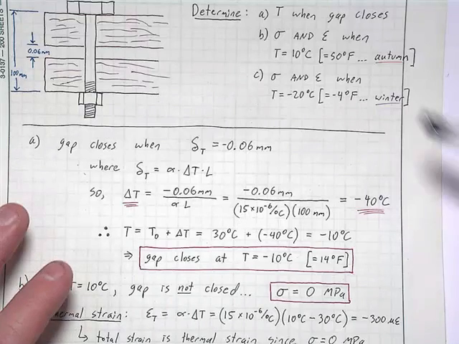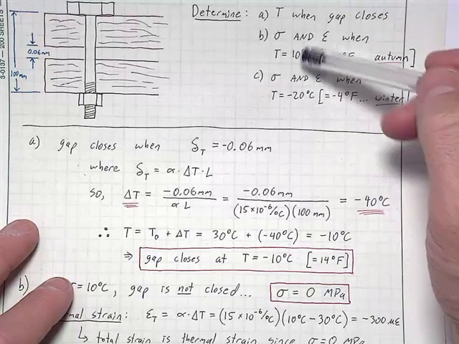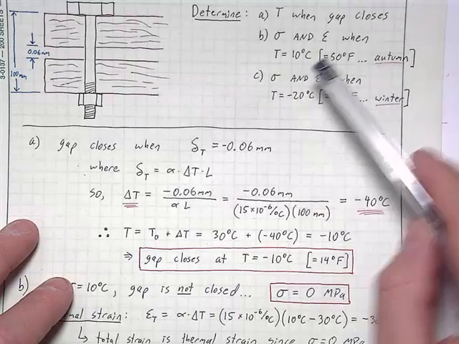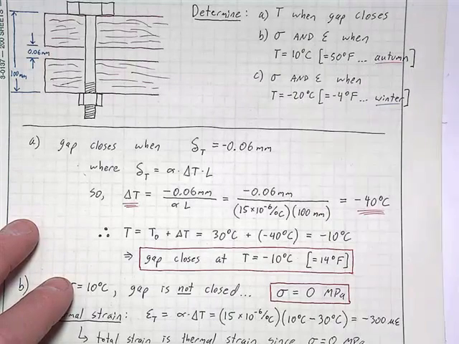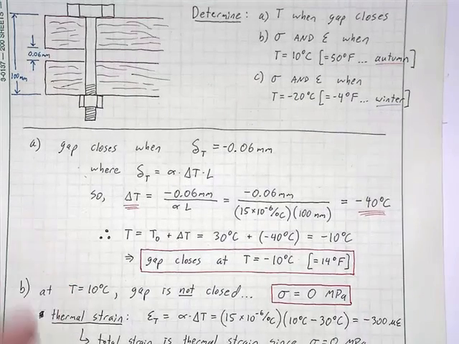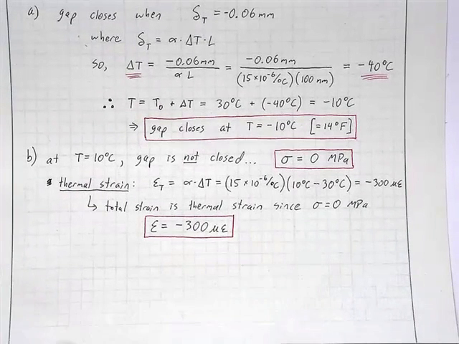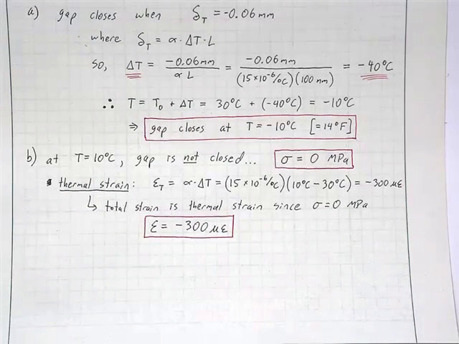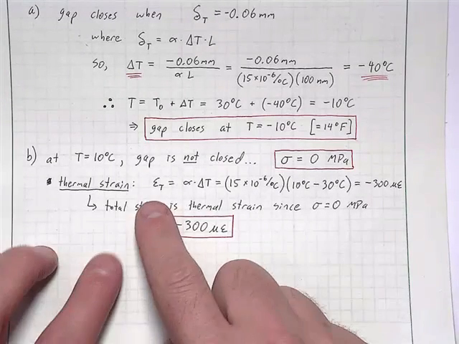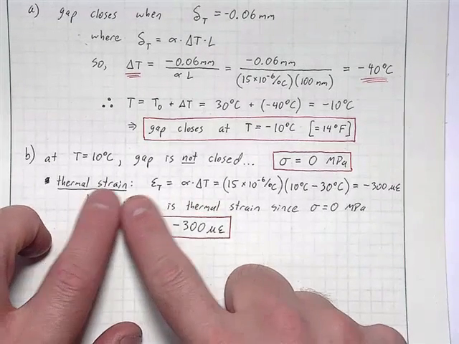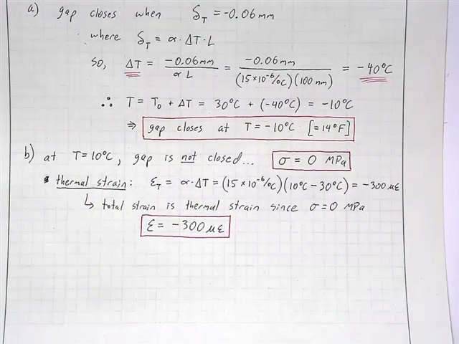Okay, so now you can see why I chose these two temperatures. In fall, the gap hasn't closed yet, and in winter, the gap has closed. So we have two qualitatively different systems here. So at a temperature of 10 degrees Celsius, the gap has not closed yet, so we'll have no stress. The total strain is going to be purely thermal strain.